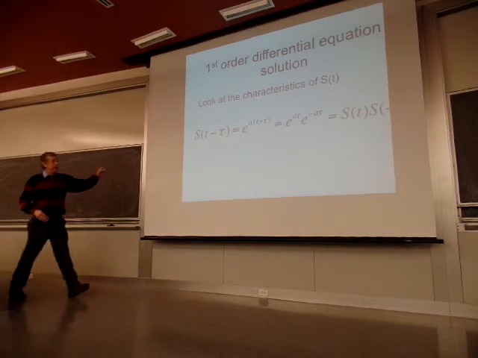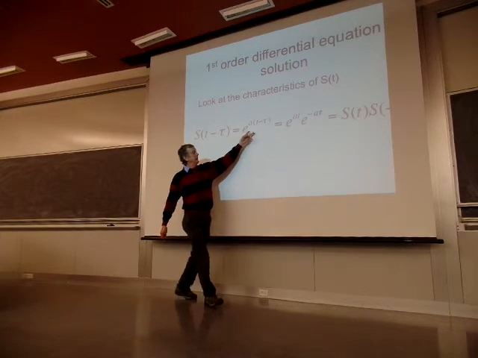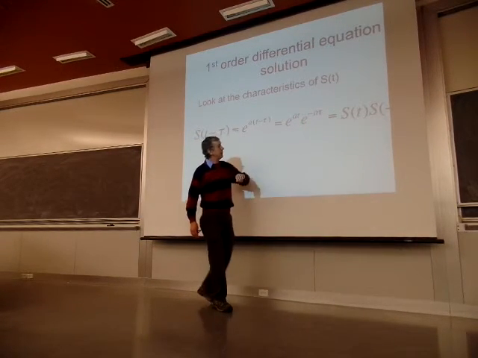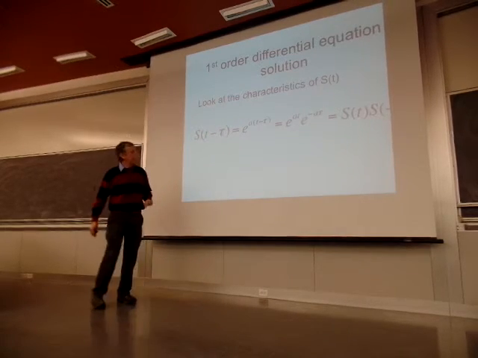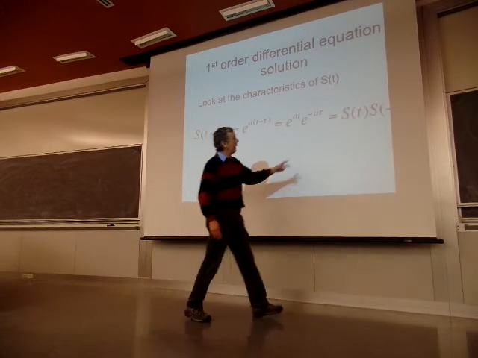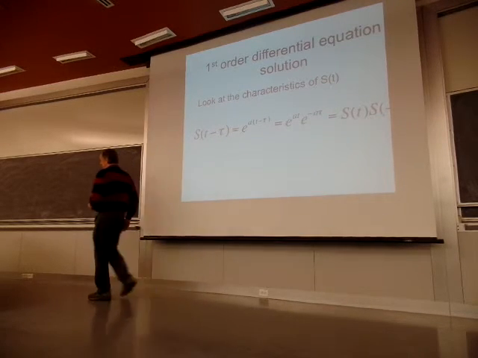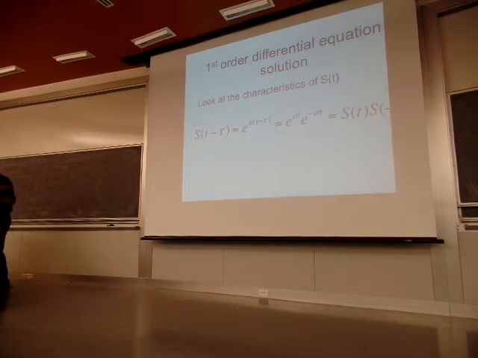Well, I have to know if I shift in time. That's e to the At minus e to the alpha t. So I'm just shifting time, shifted right off this edge here. That's e to the A(t minus tau). So if I shift in time, I simply multiply the two.